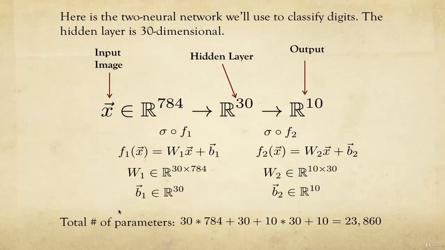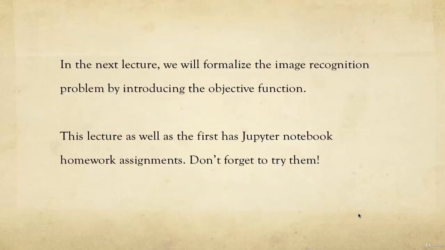We add to that the number of entries in B1, so 30 times 784 plus 30 plus 10 times 30 plus 10. So you have about 24,000 parameters. So it seems like it's almost cheating that we have that many parameters to tweak and modify to make this function fit the data. There's some issue here that we're not going to be talking about, for example, overfitting. Again, maybe something for a future course. But right now, we have a lot of parameters in this network.